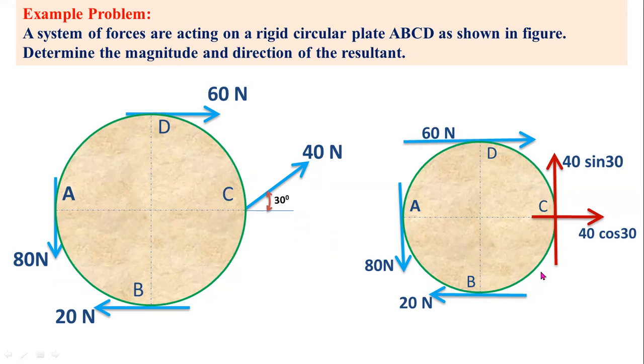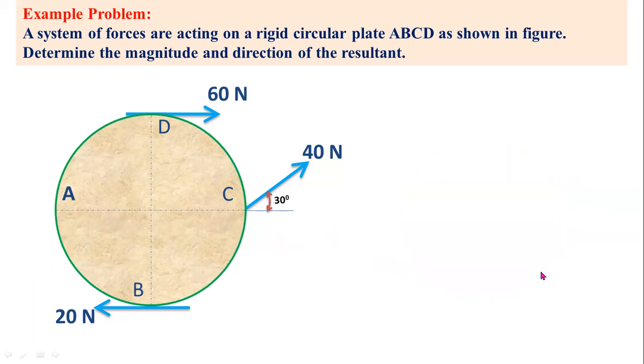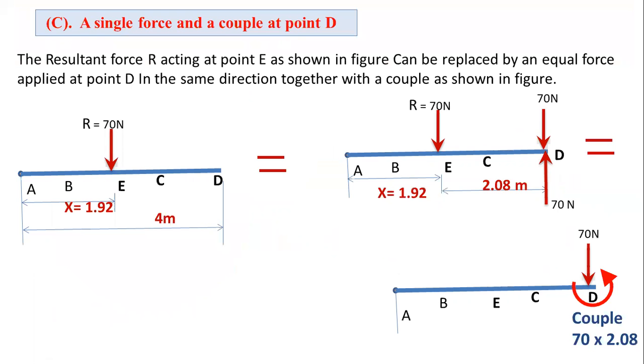Then you have to add all horizontal forces for determining the sum of all horizontal forces, summation Fx. For determining the value of Fy, you have to add all vertical forces. Then you have to determine the magnitude of the resultant and direction of the resultant. And this is the first problem. So it is very important from an exam point of view. Please all of you remember.